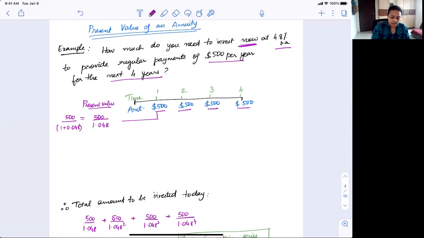Now, let's do this for the second year as well. To have $500 2 years from now, today I need 500 divided by 1.048 squared.